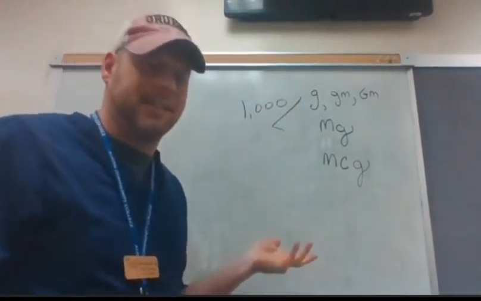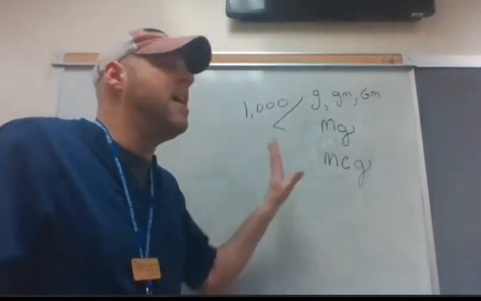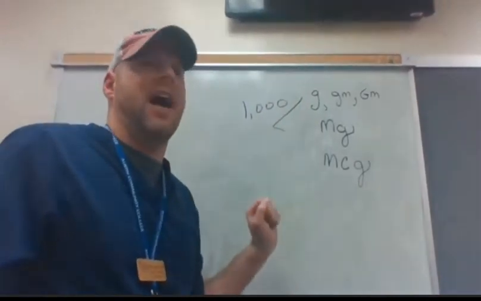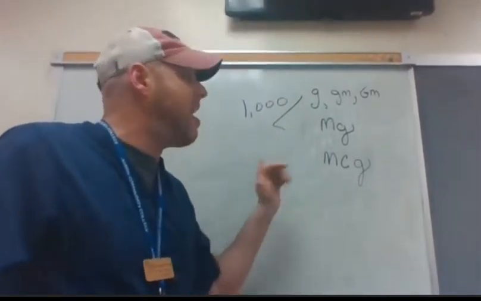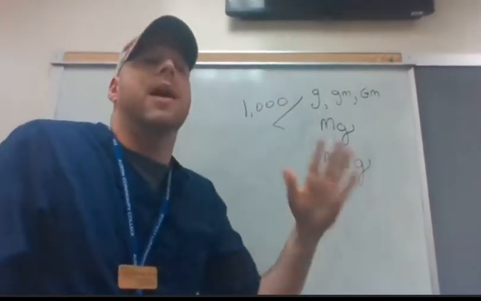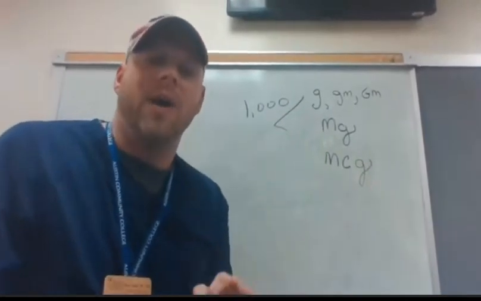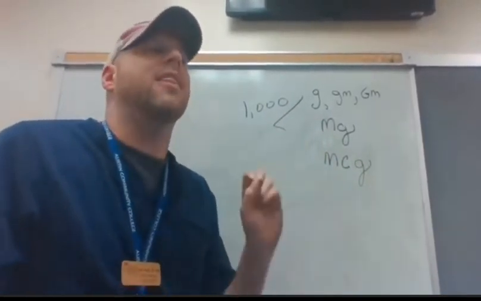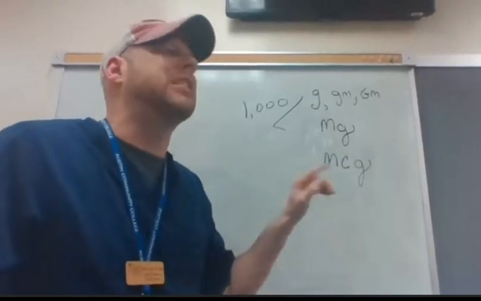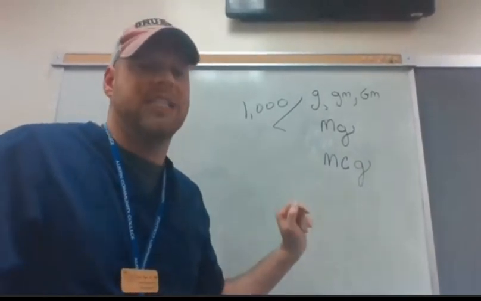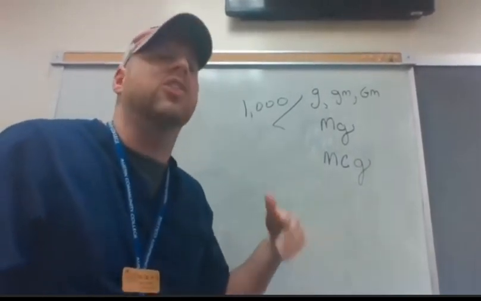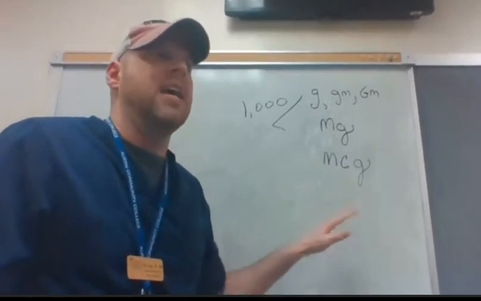So we'll be plugging that somewhere in our problem to convert to make it agree with our units of measure. But always remember that the 1,000 goes with the smallest unit of measure. So you set your problem right.